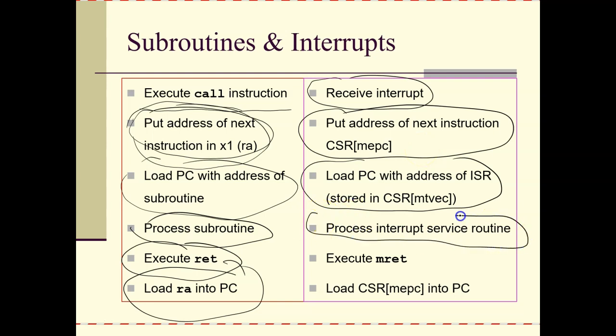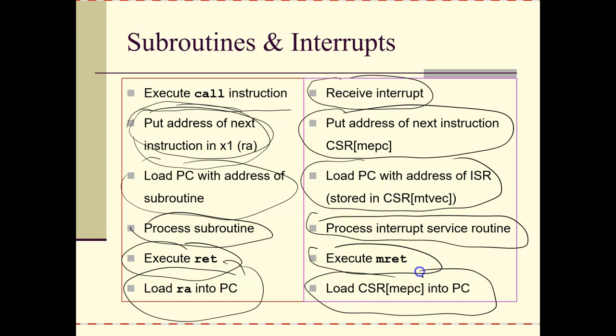Then I'm going to process the interrupt service routine, and then I'm going to return. This is a special return instruction. What this does is it loads the address that I previously saved up here into the program counter. And so it effectively returns from the interrupt, and life is good.